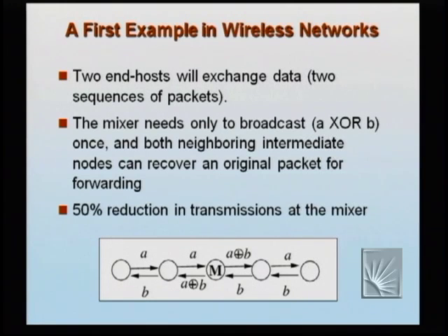But if we have network coding, this mixer receives both A and B, and it knows this one has A, this one has B. So why does it need to broadcast both A and B, twice? Why not just broadcast A XOR B just once? So how much saving here? 50%. Transmission has been saved, right? So that's the benefit.